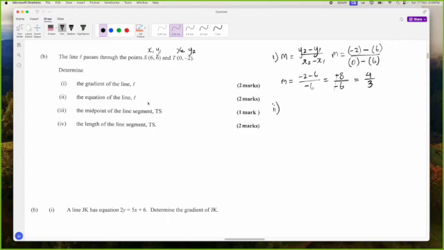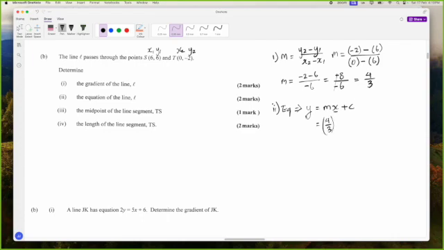The equation of the line L. So the equation of the line implies y is equal to mx plus c. So I have m. M is 4 over 3.